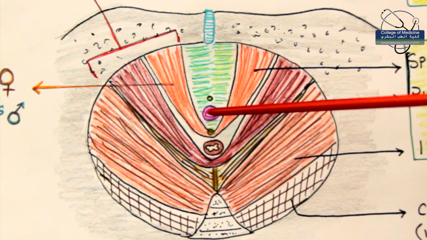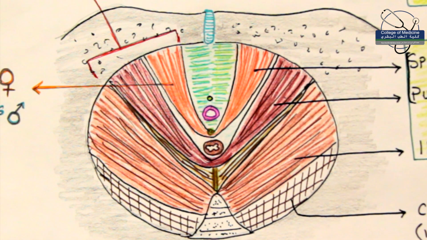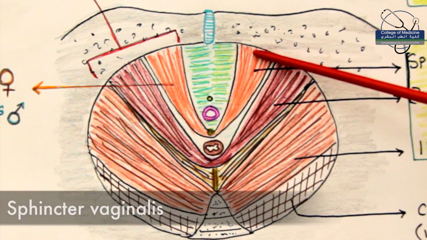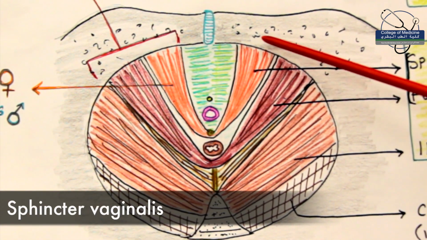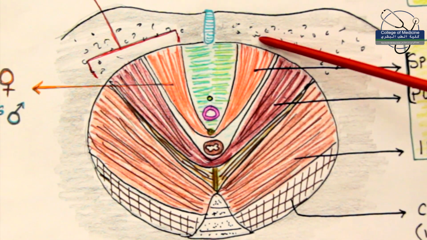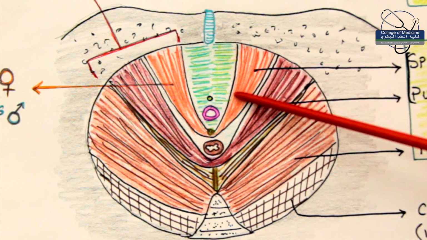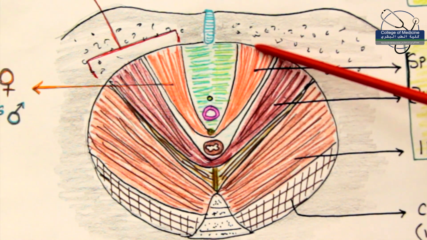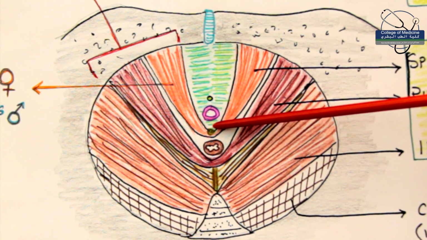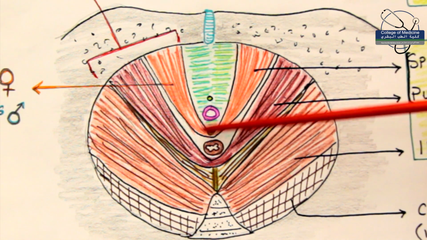So at this moment, we will be talking about the pelvic cavity or the pelvic floor in relation to the female. Okay? So this sling is known as sphincter vaginalis or pubovaginalis, because the sling is originating from the back of the pubis, and it's meeting its counterpart in the midline at the perineal body.